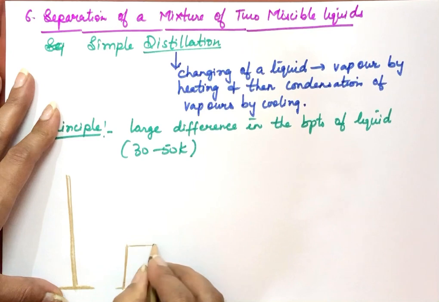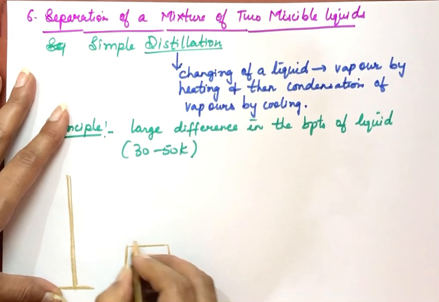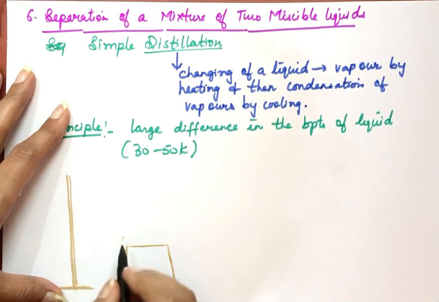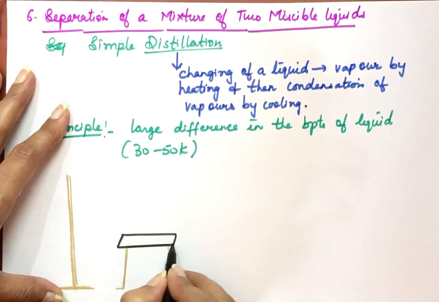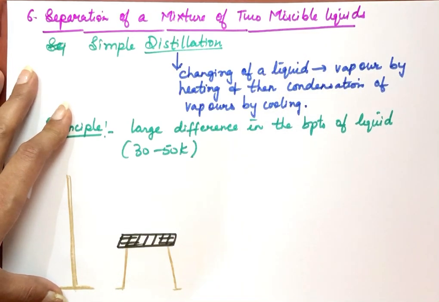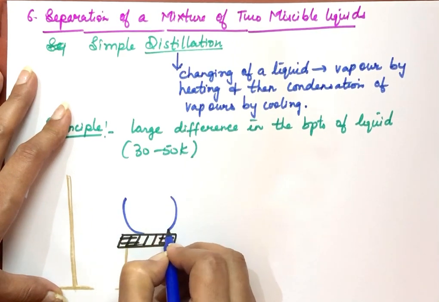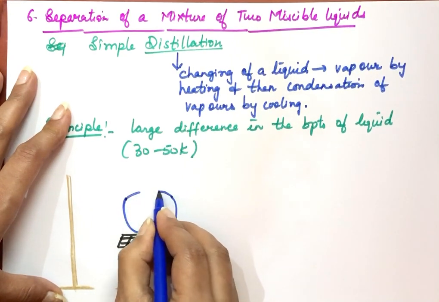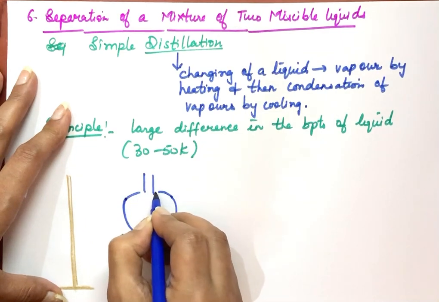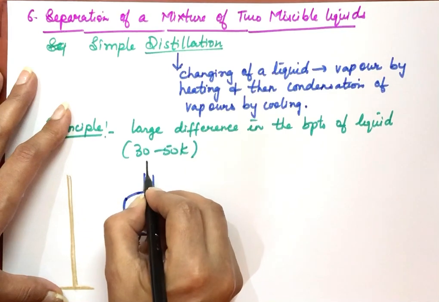So on the tripod stand, we'll take a wire net. On the net we are keeping this flask. This is a round bottom flask.